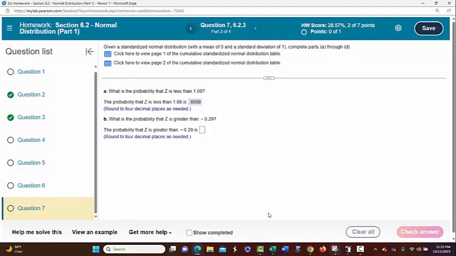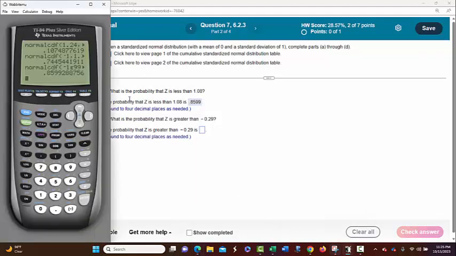Greater than -0.29. So in the calculator, greater than means I put the number first, -0.29, and then I do the 1 EE 99 to represent positive infinity. 1, second, EE, 99. Paste. And okay, let's see what we get here with Excel.